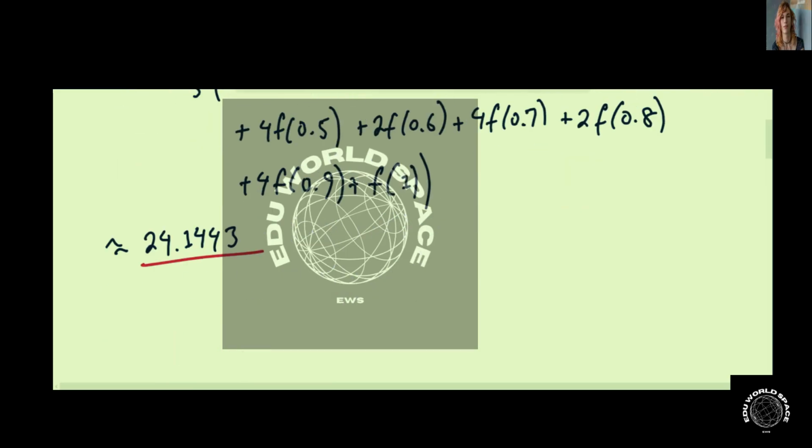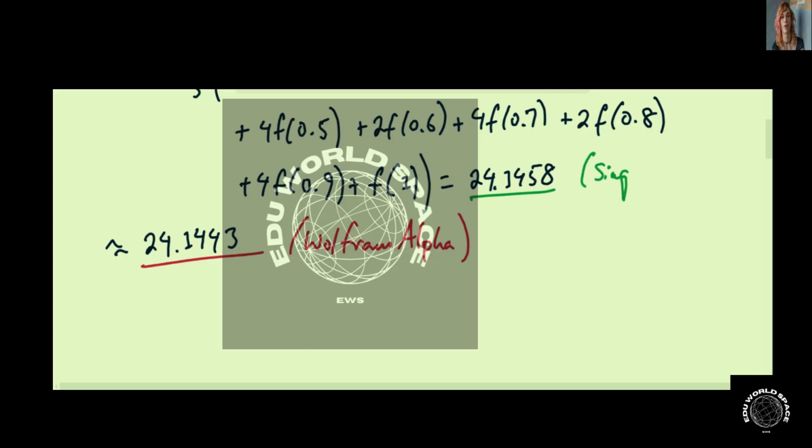When we use Wolfram Alpha to evaluate this integral, we get about 24.1458. That's how you do this problem.